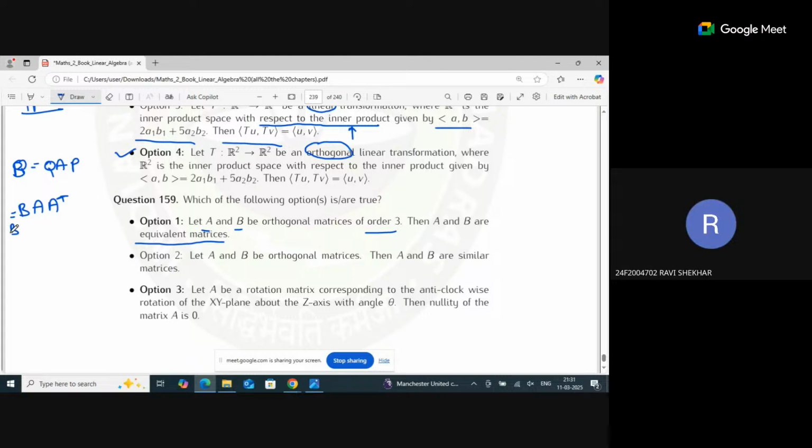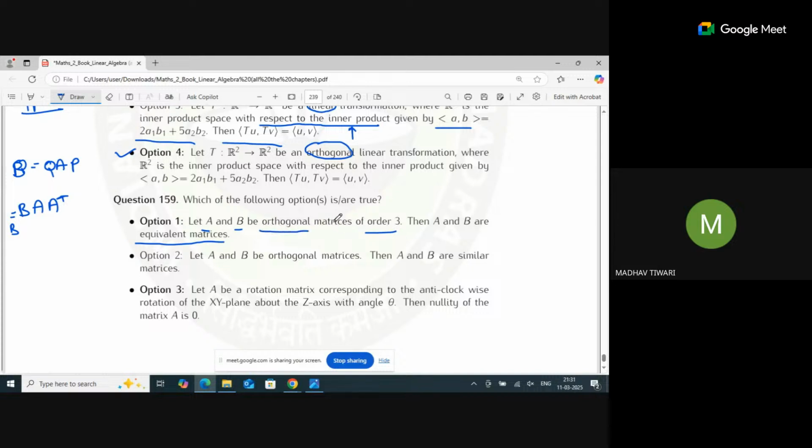Is that clear now? Sir, but here we are dealing with square matrices. In equivalent matrices, we are not dealing with square matrices, no? Here we are dealing with square matrices.